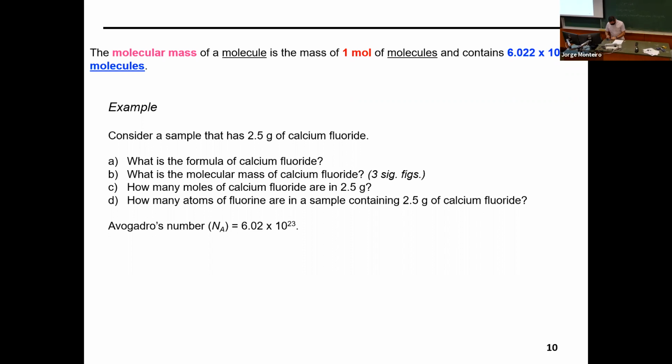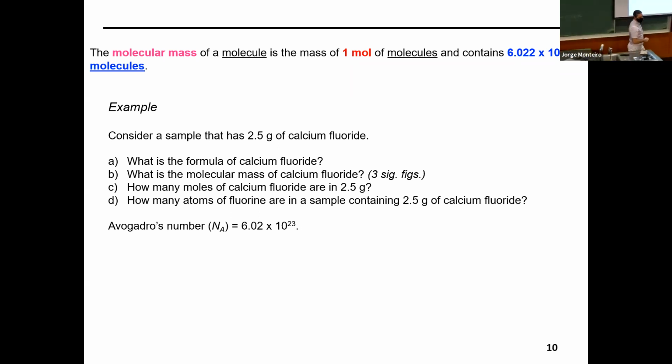Oh no, see, fluorine. 78.01. Sorry about that.